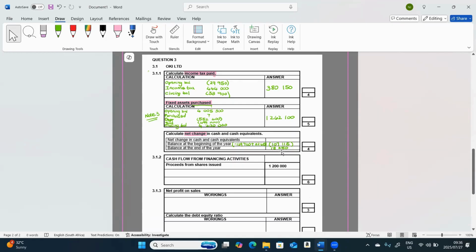So you have to plus 18,250, and then you will have your final change in cash and cash equivalents of 125,365. Okay, guys, so please, this is another principle that you have to be careful of.